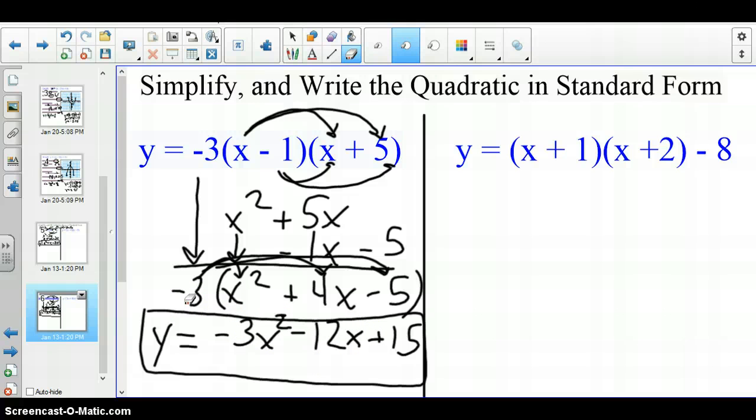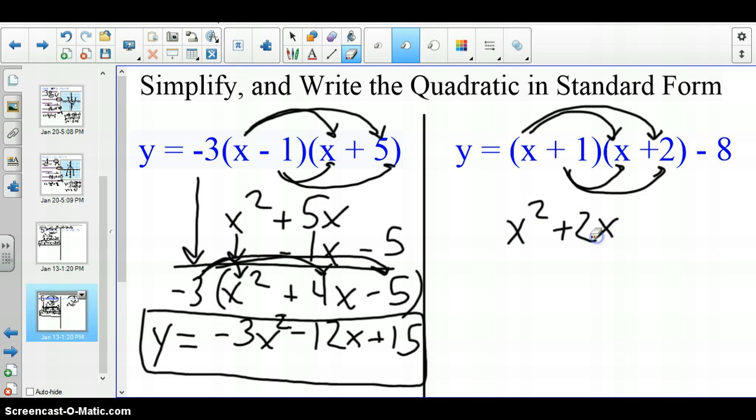On the last equation, I'm going to do the same thing. I'm going to distribute or FOIL my parentheses first. X times x is x squared. X times 2 is 2x. 1 times x is 1x. 1 times 2 is 2. So I'm going to bring down the x squared.